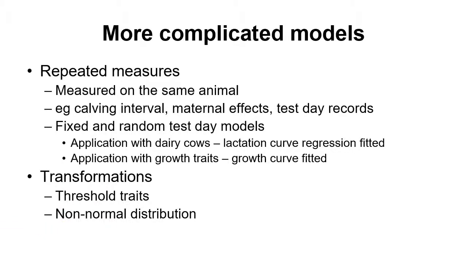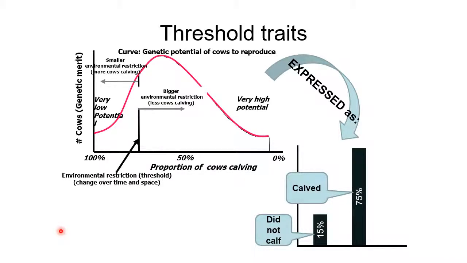So this is an example of a threshold trait where, if this is the genetic merit of cows in terms of whether they will calve or not, you have a specific threshold. That could be a drought. So the threshold can move from year to year or season to season.